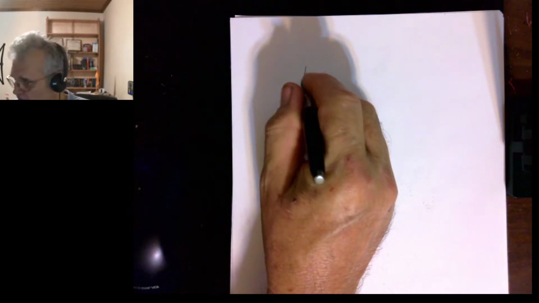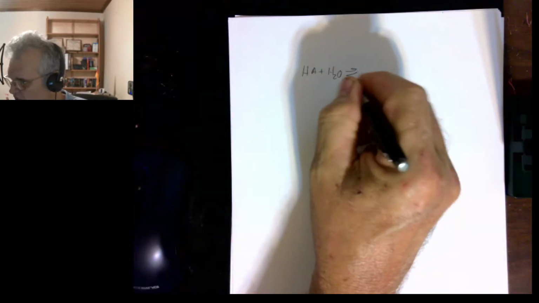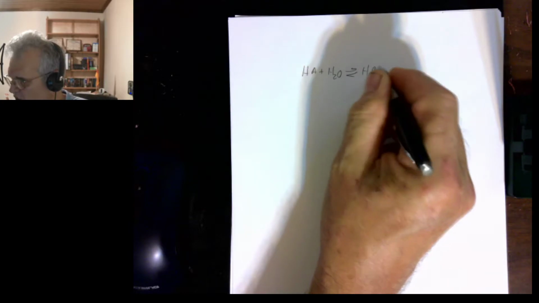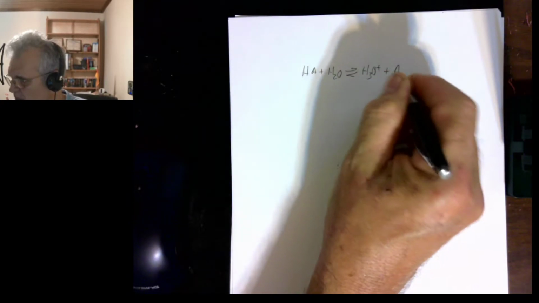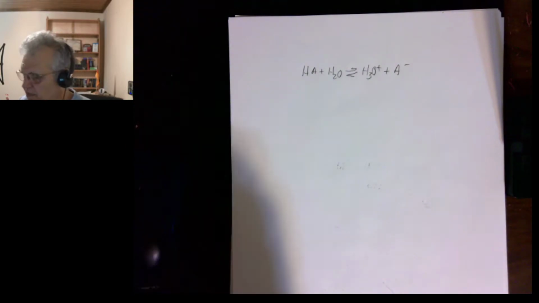So if you remember last time, we have our simple acid equation. That's HA plus H2O, and that goes in equilibrium to give us the hydronium ion, H3O+, and A-, the conjugate base. The conjugate base of a weak acid is a weak base.